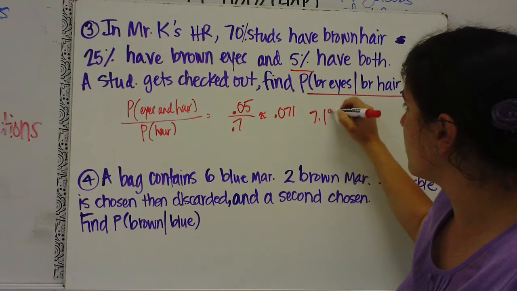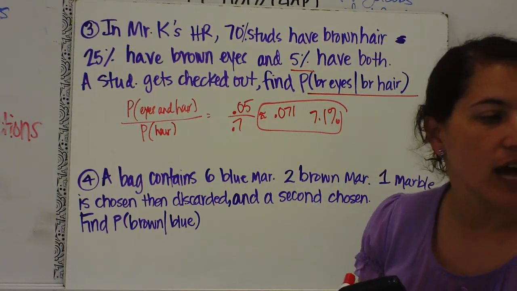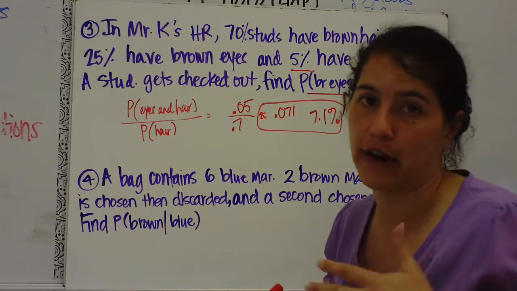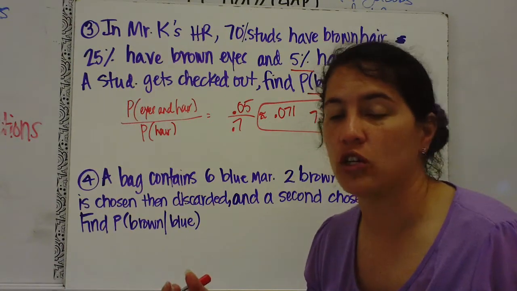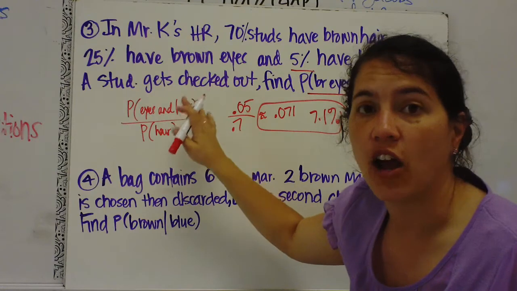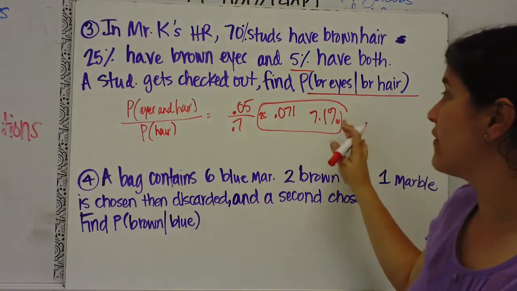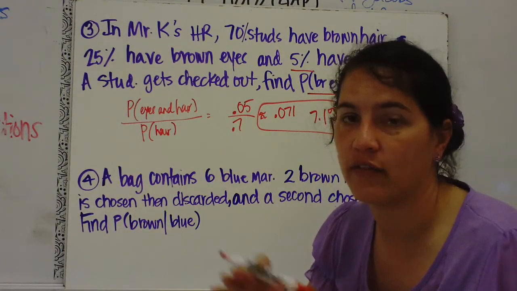So about 7.1% are going to have brown eyes given that they had brown hair. So what this means is, let's say a student randomly is called to be checked out, and the person called already had to have brown hair. Then there's a 7.1% chance that if they had brown hair, then they also have brown eyes.